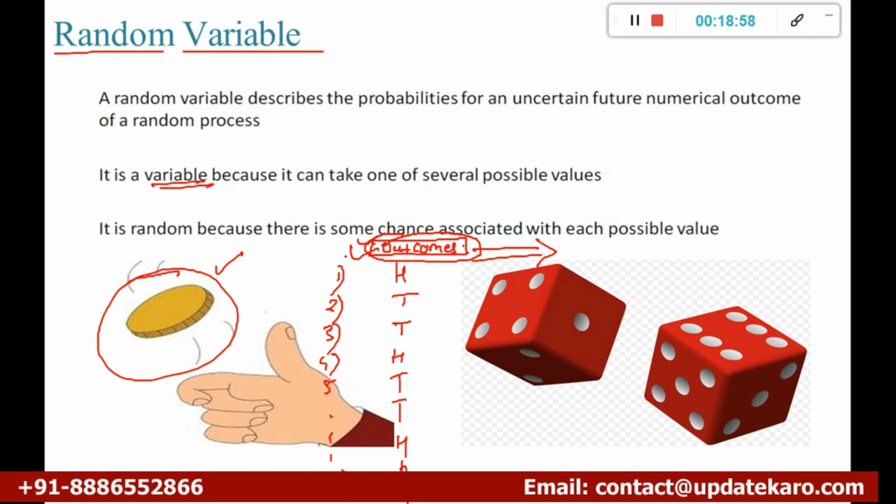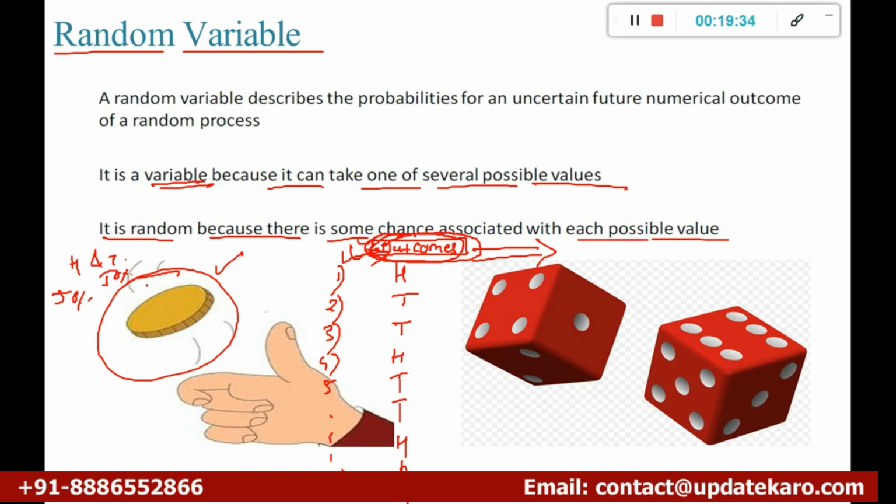Because outcome, the name I have given to my column, is a variable because it can take one of several possible values. And what are the possible values? Head and tail. And it is random because there is some chance associated with each possible value, and that is 50% and 50%.